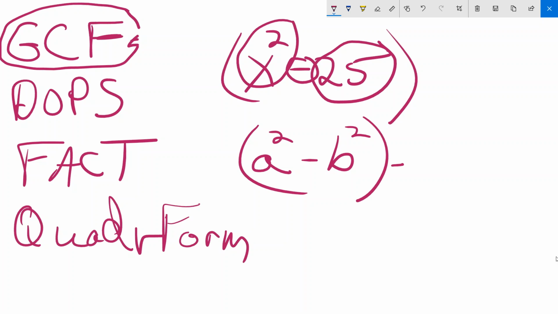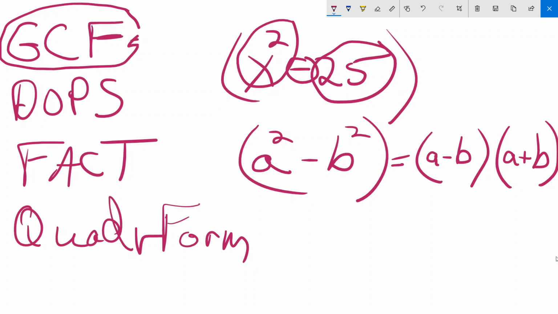How does that factor each and every time? Just a minus b squared? No, it's a minus b times a plus b. Notice that if you had a minus b squared, a squared minus 2ab plus b squared, you'd have a middle term.